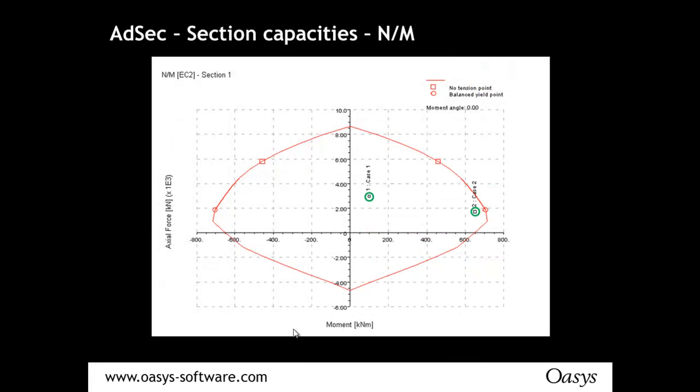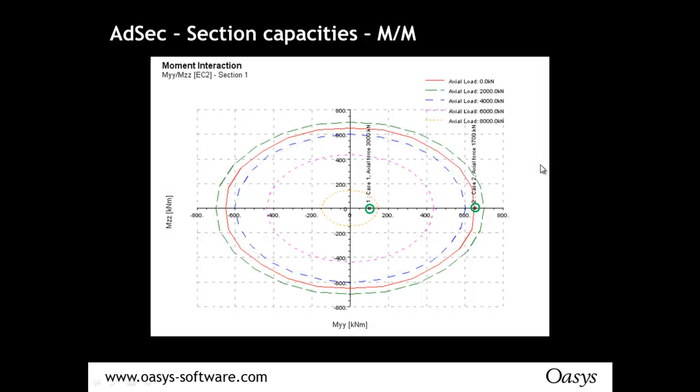And this is just an example of one or two of the graphs, which we're going to go into now. For example, you've got this axial force and moment graph, and you can have a look at how your specific case fits into that. As you can see here, we've got a number of cases. Load case 1 would have been acceptable for all these axial loads, but load case 2 is only acceptable for certain axial loads.